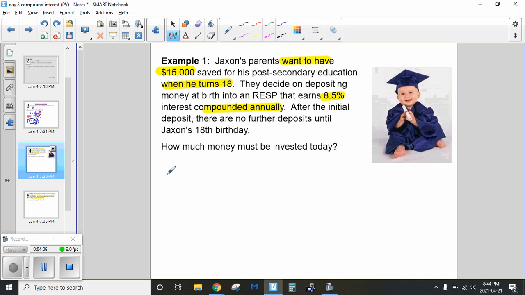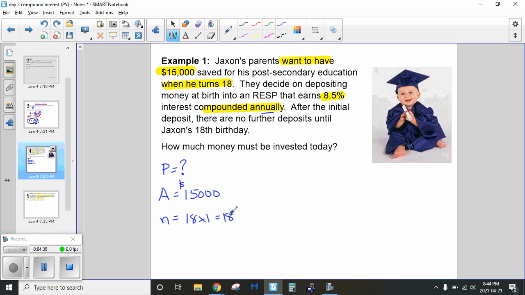So the variables that we are going to be using. Principal, we don't know it. It's not given in the question. That's our goal. The final amount of money is $15,000. The number of compounding periods, this is compounded annually, so once per year for 18 years.